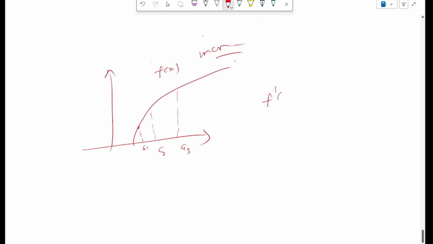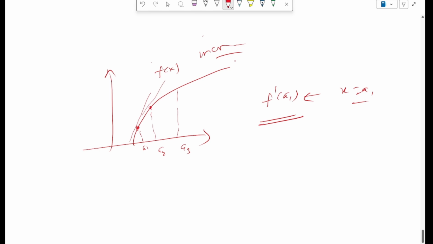If we calculate f dash a1, this is the slope of the tangent at x equal to a1. So if we plot the tangents, this is not exactly the tangent, but it should be a tangent, okay.